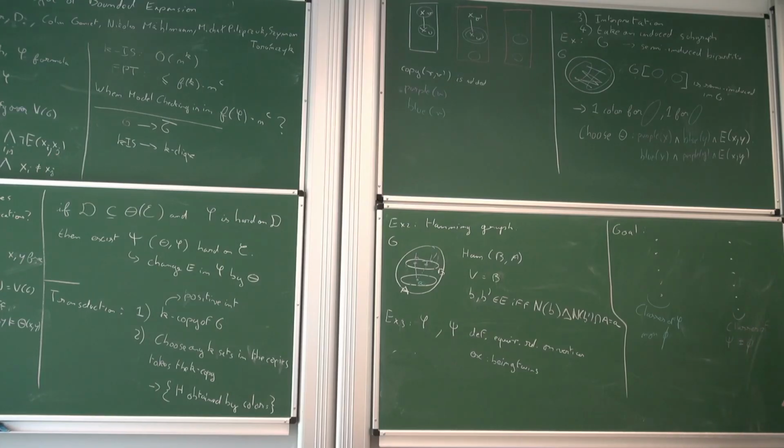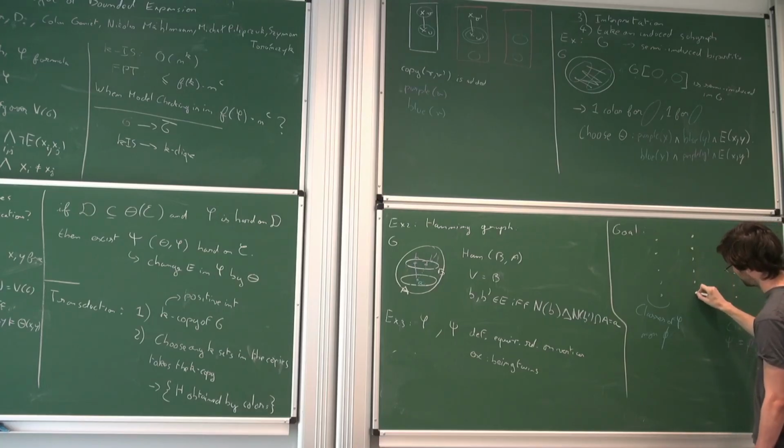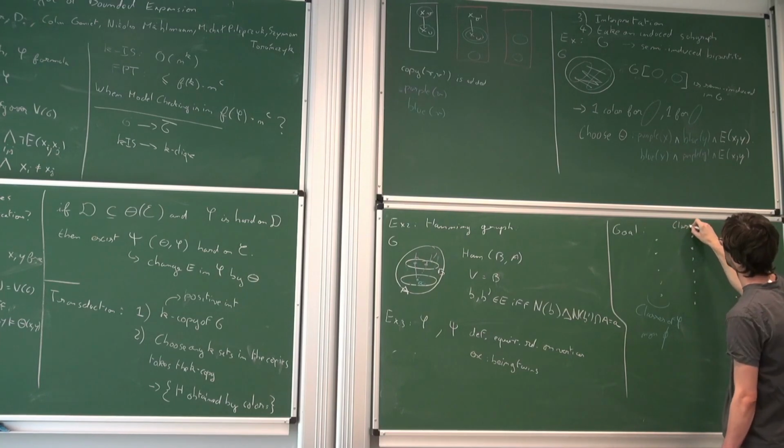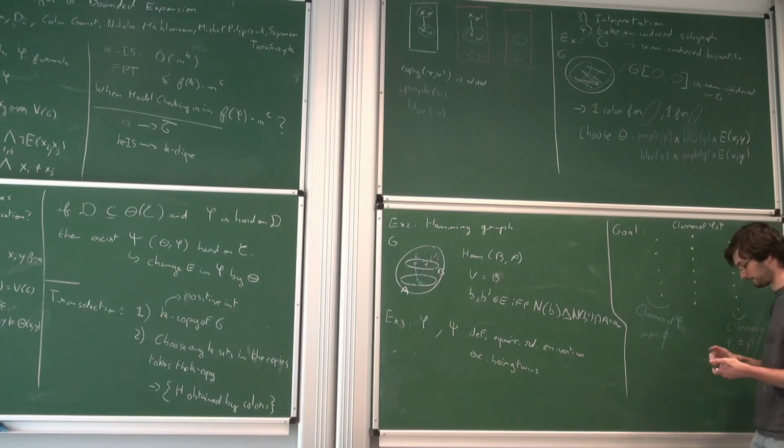And in the middle, we will have the refinement of both equivalence relations, so those are the classes of phi intersected with psi.